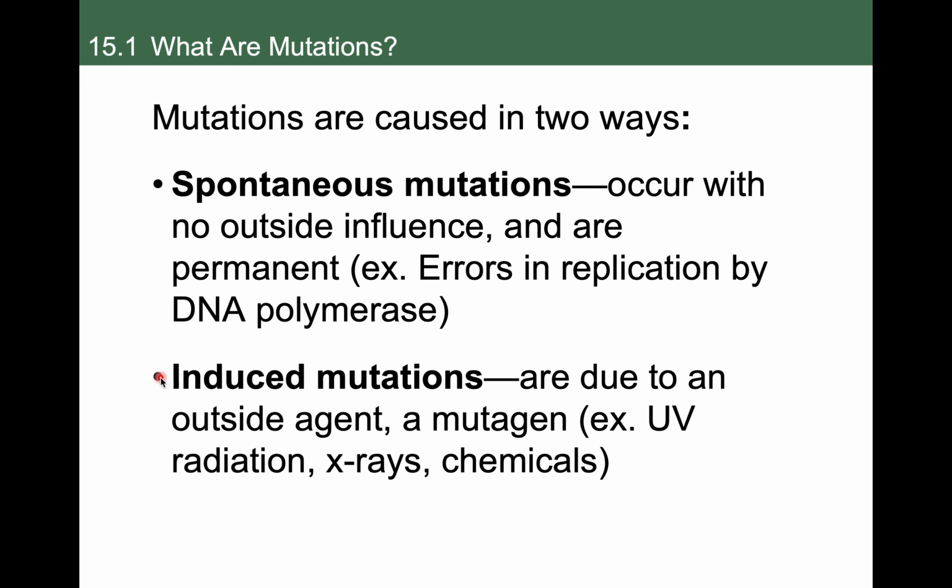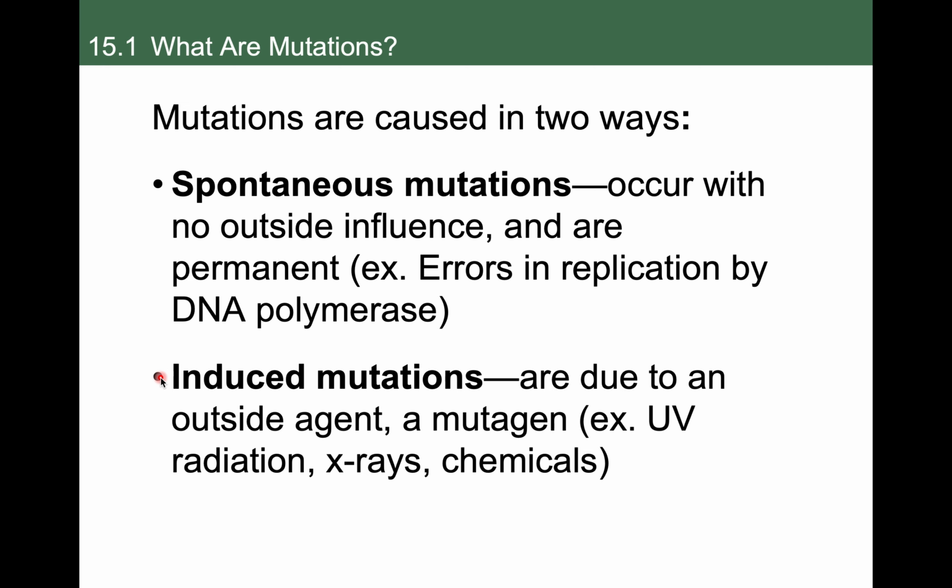And then you have induced mutations. These would be due to some outside agent, typically called a mutagen, and unfortunately there's lots of mutagens everywhere we go in the environment. UV light is a mutagen. Radiation, both natural and man-made forms like X-rays, would be mutagens.